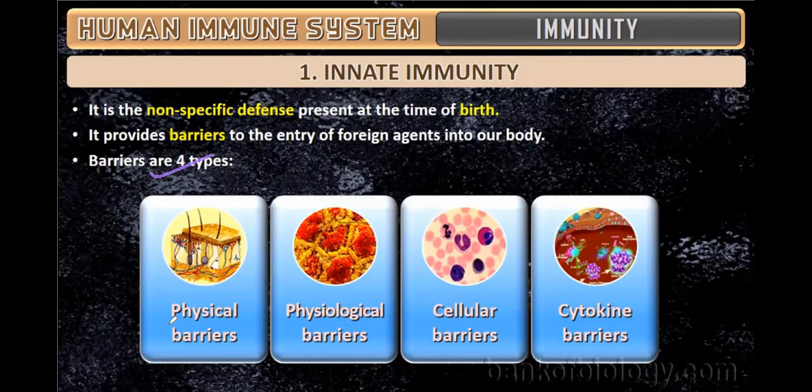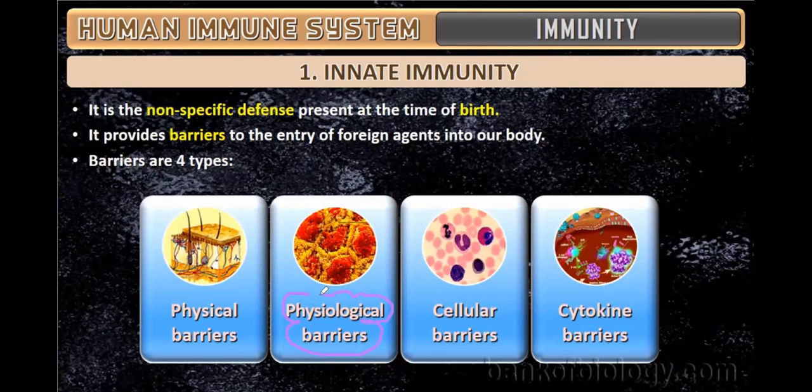Barriers are of four types. Physical barrier: before entering the body, pathogens have to cross one physical barrier, that is skin. So skin is a part of innate immunity. Then physiological barrier: if they cross the skin, there are physiological reactions taking place inside the body. They cannot survive the enzymes, they cannot survive the acidity.